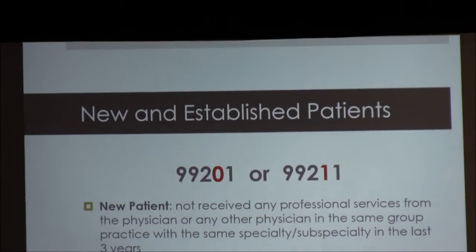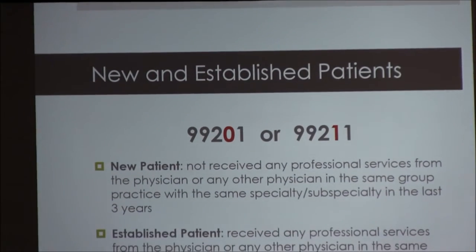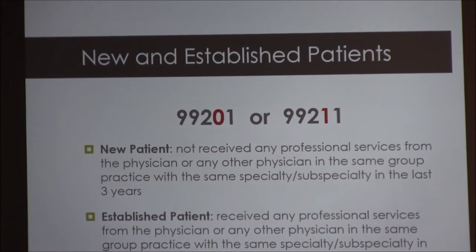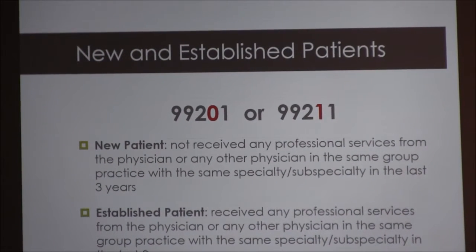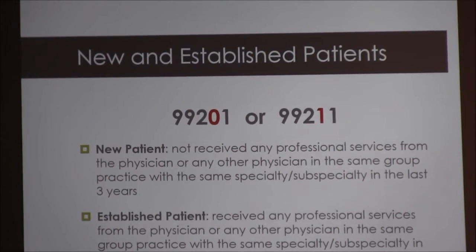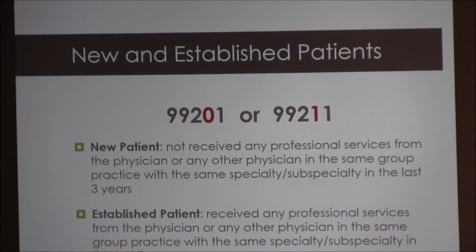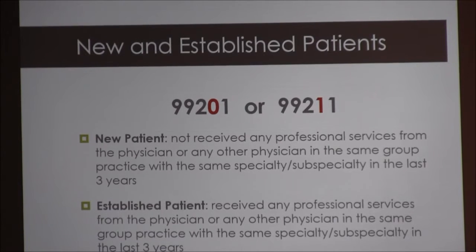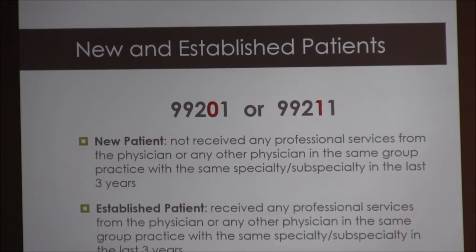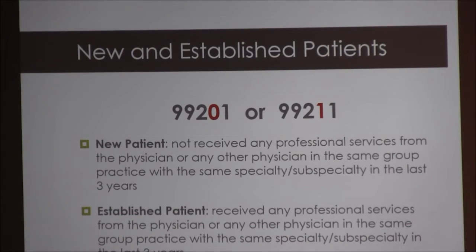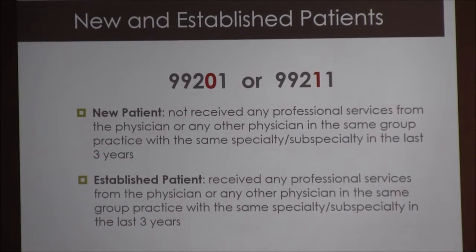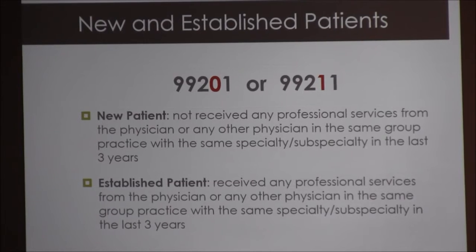So, as I mentioned before, 99201 is a new patient, and 99211 is an established patient. That is the major difference. New or established is defined as whether you have seen that patient within 3 years. It also matters if you're in a group practice and you're referring within your practice. If you're from the same specialty, then the coding is different.